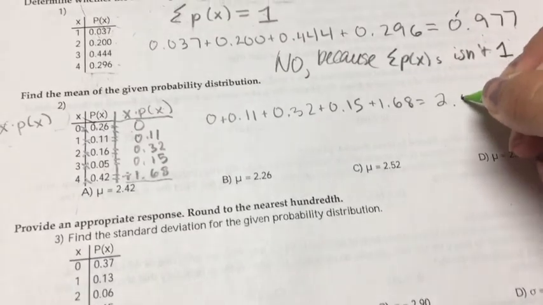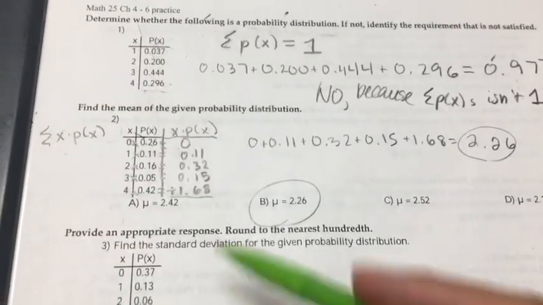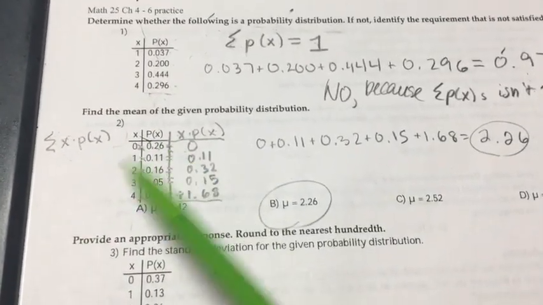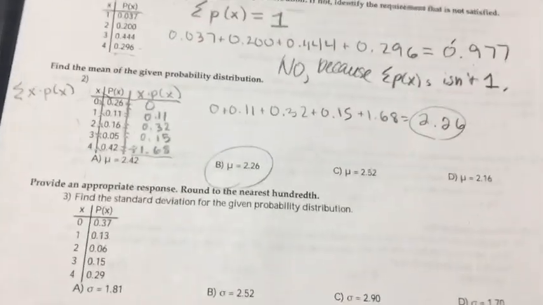And that is 2.26. And so your mean is 2.26. You just multiply x times P of x for each one, and then once you get them, you just add them, and that's how you get your answer.